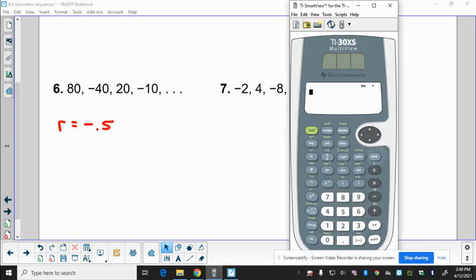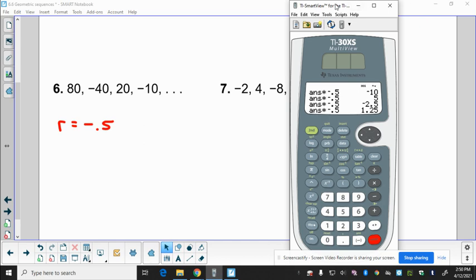Now I just need to come up with my numbers from the sequence. So put your first term into the sequence and multiply by your common ratio. Now you should double check that you get your numbers from your sequence. There they are. Here comes the next three: 5, negative 2.5, and 1.25. You could write those as fractions if you want to, but you don't need to.